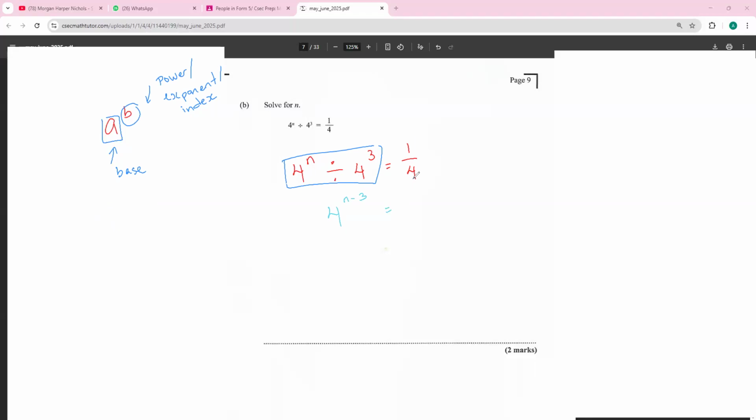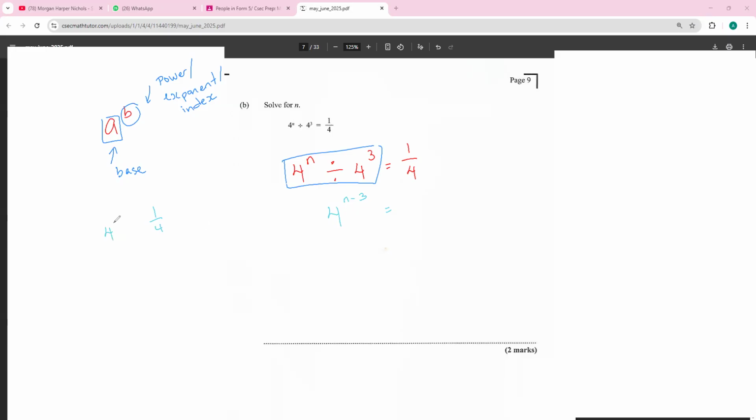Now, 1 over 4, anytime you have a number like this, we could rewrite it as a base of 4 to the negative power of 1.